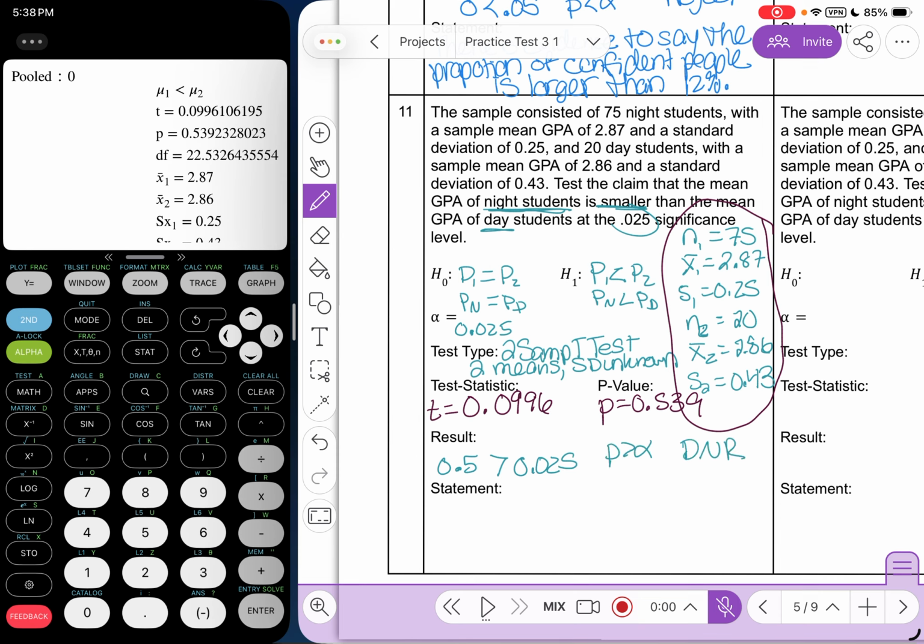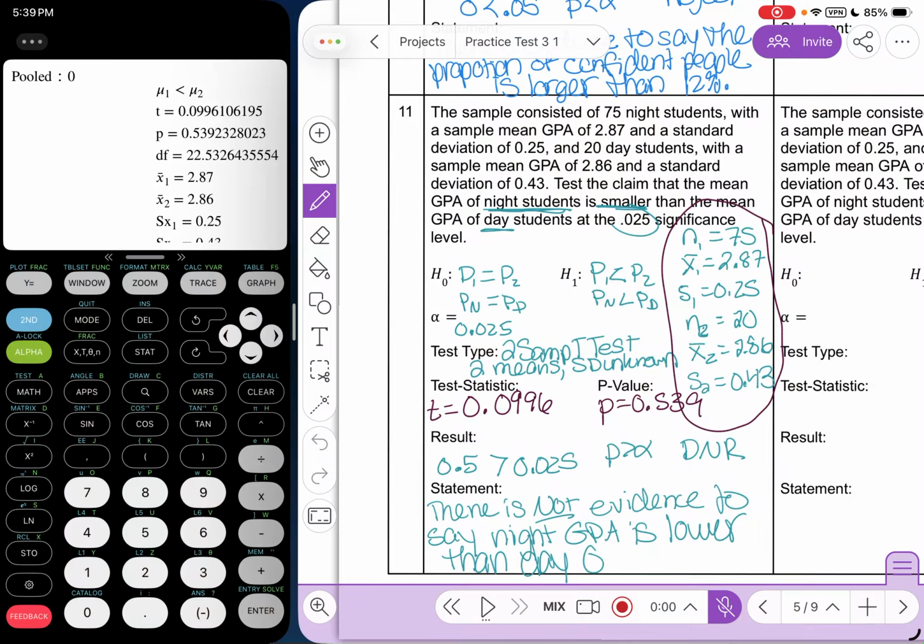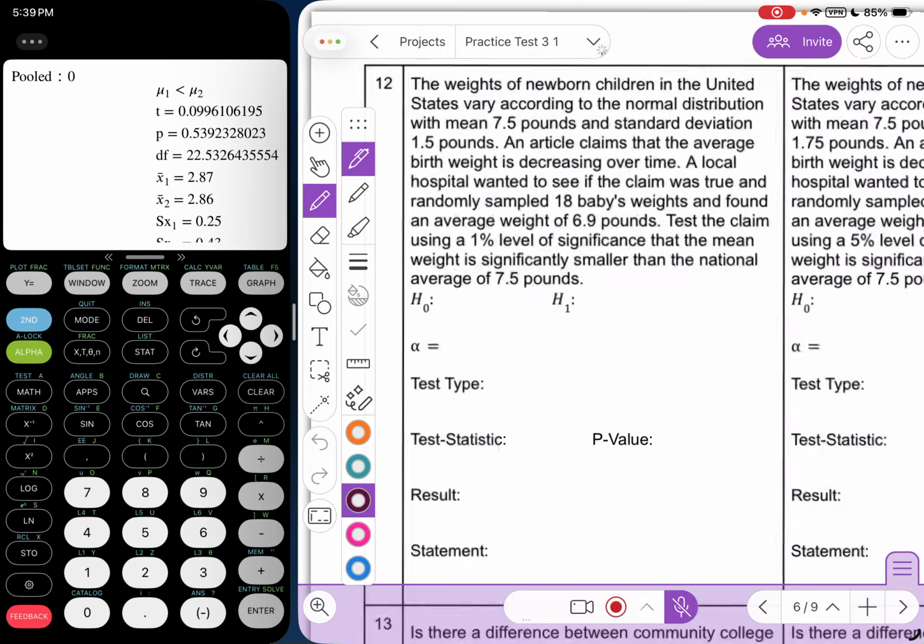We do not reject, which means there is not evidence to say night GPA is lower than day GPA. All right, let's look at the next problem.